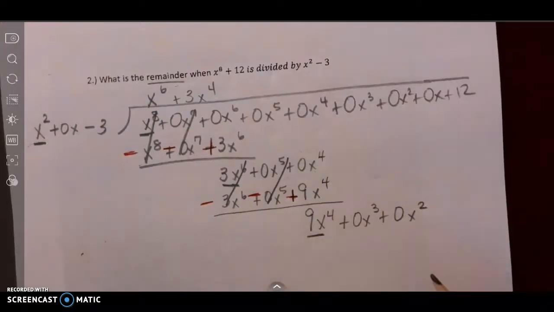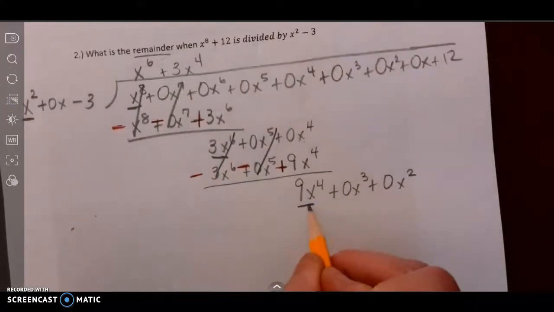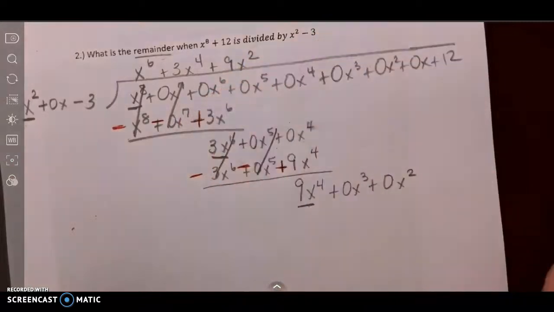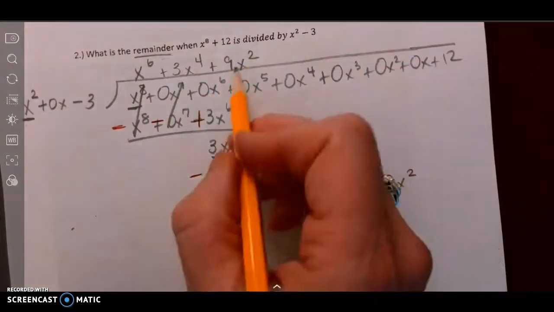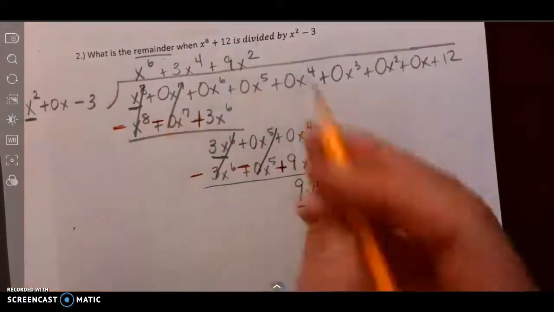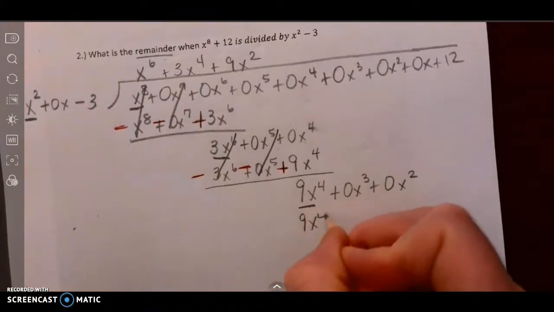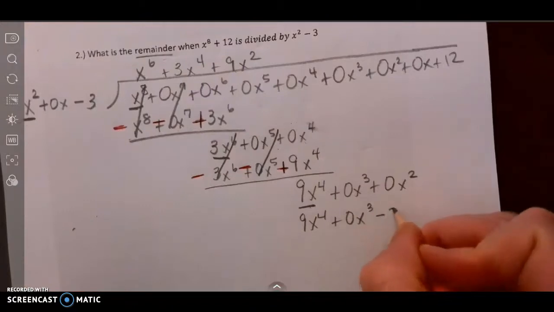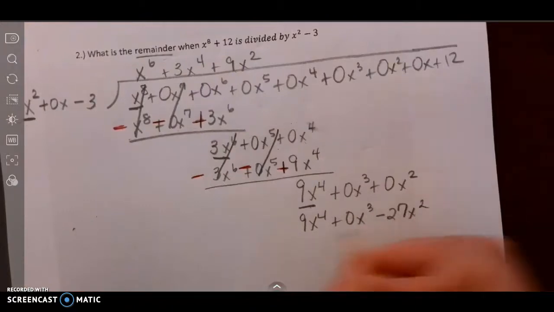And now I focus on the first. 9x to the 4th divided by x squared is 9x squared. When I multiply 9x squared by each one of these, I get 9x to the 4th plus 0x to the 3rd minus 27x squared.